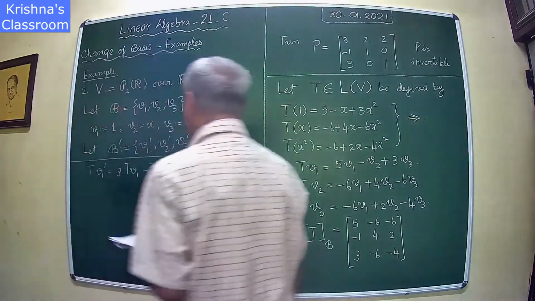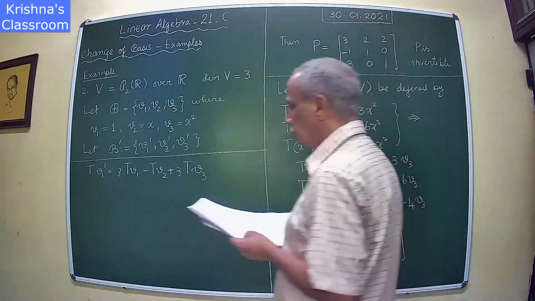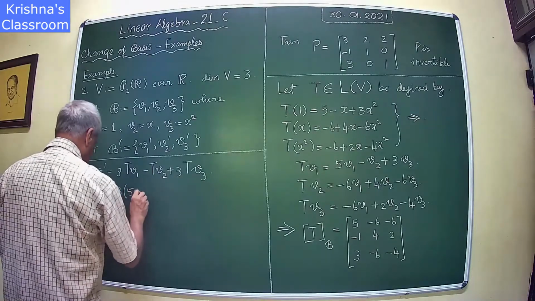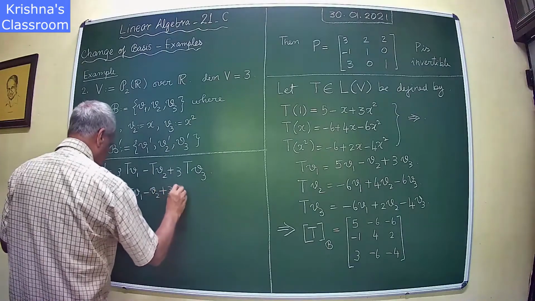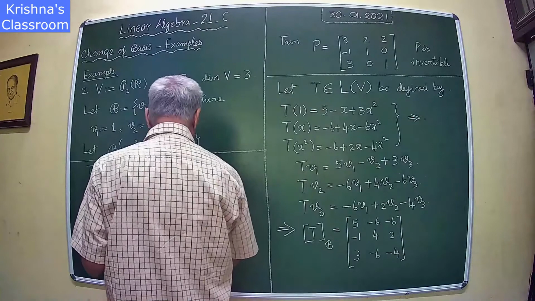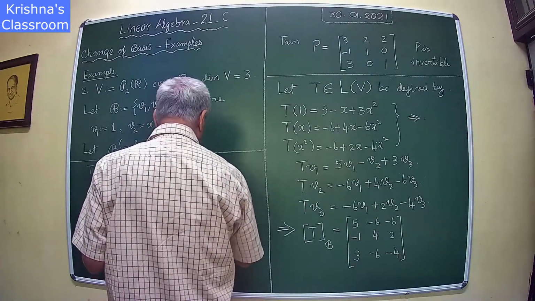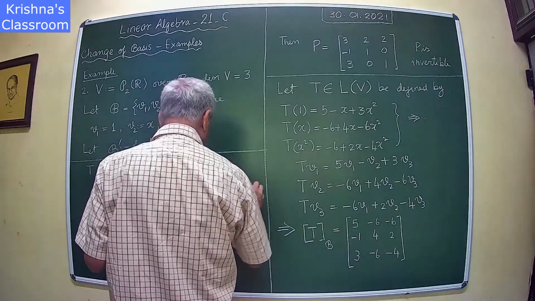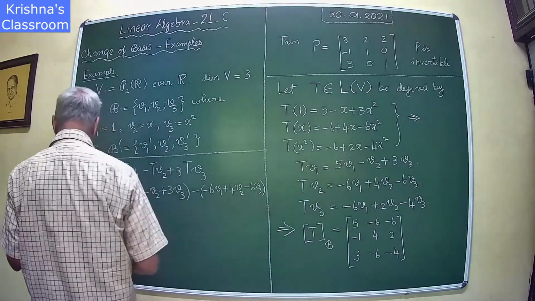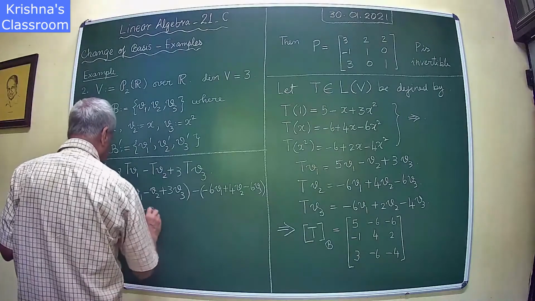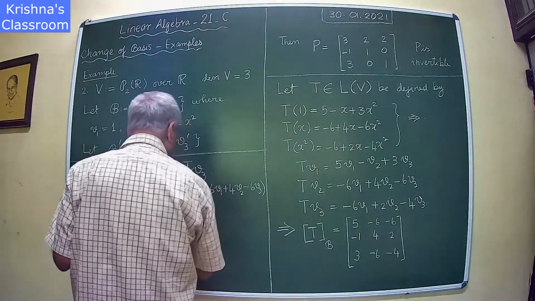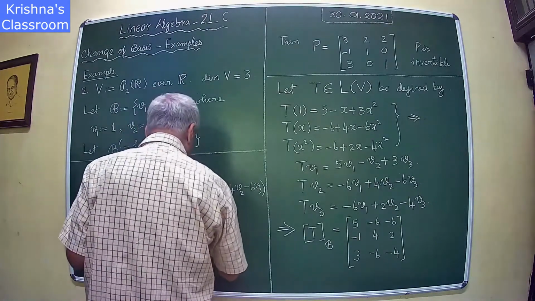I am just using the definition of v1 prime, and this in fact computes to be 3 times T v1, that is minus 6 v1 plus 4 v2 minus 2 v3, minus T v2, plus 3 times T v3, which is minus 6 v1 plus 2 v2 minus 4 v3.